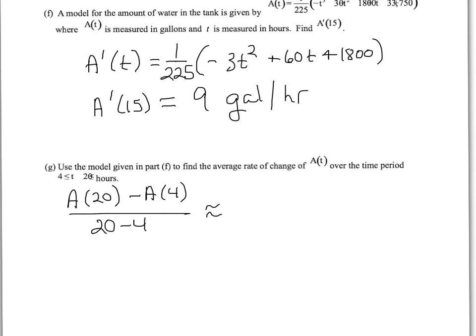So what do we have? Has anybody gotten it yet? Put it in your Y1. Put A of T, not the derivative, because we're looking for average rate of change. Hopefully this is what you get.